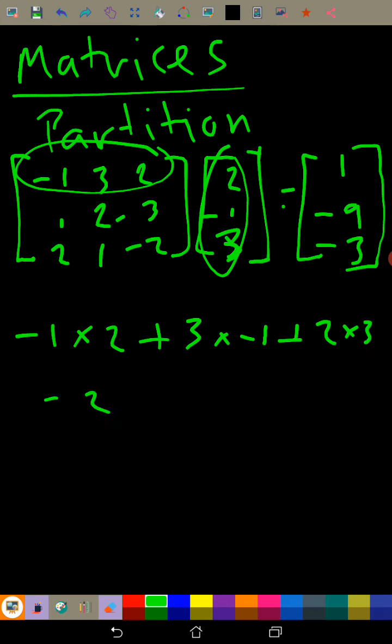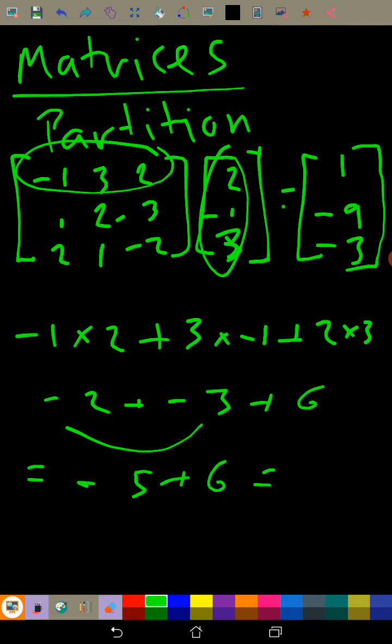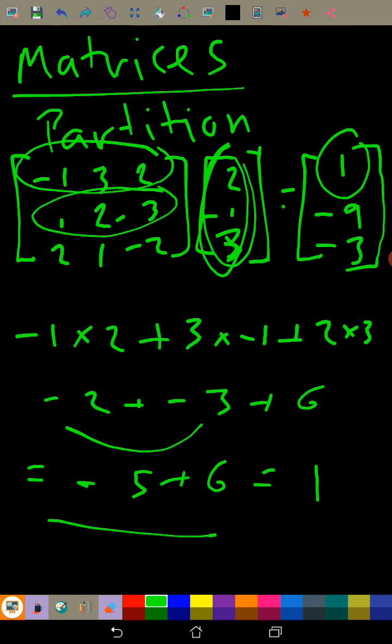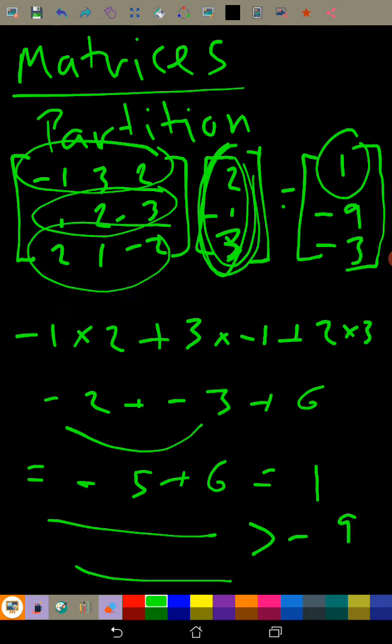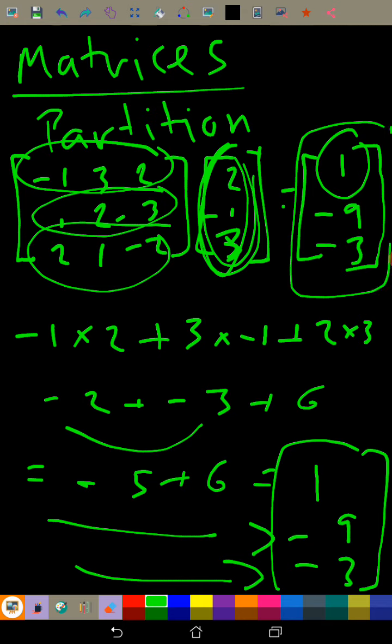We have minus 2 plus minus 3 plus 6. What do we get? We get minus 5 plus 6, 1. We put 1 here. We take this, we multiply again. We get minus 9. We take this, we multiply by this. We get minus 3. We get this, and that's what is here.